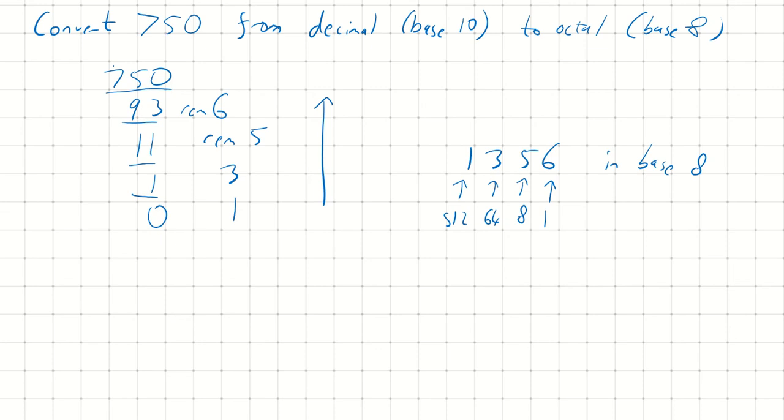So let's just check this. 1356 means one lot of 512, plus 3 lots of 64, plus 5 lots of 8, plus 6 lots of 1. And if you did this calculation you would indeed get 750.